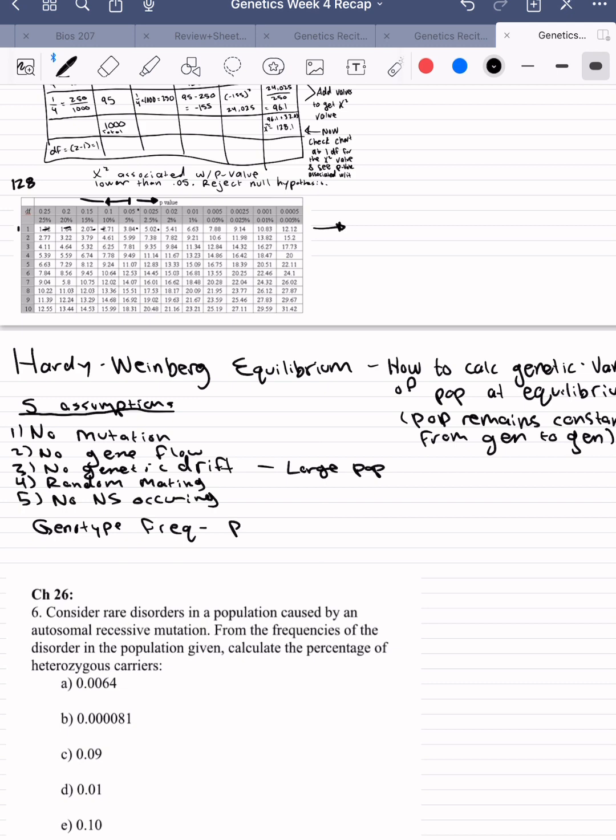That would be p squared plus 2pq plus q squared equals 1, where p squared is the percentage of homozygous dominant individuals in the population, 2pq is the percentage of heterozygous individuals in the population, and q squared is the percentage of homozygous recessive individuals in the population, and that all adds up to 1.